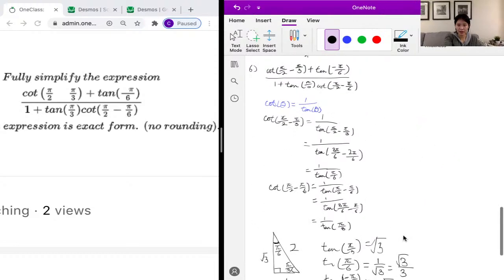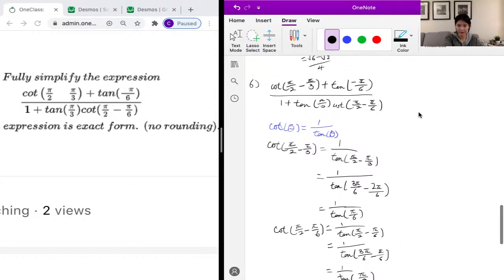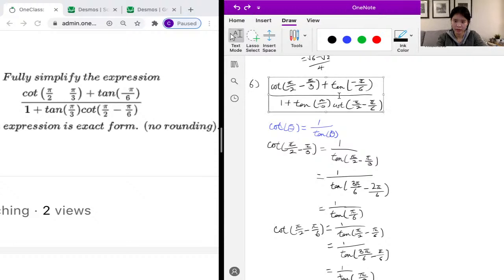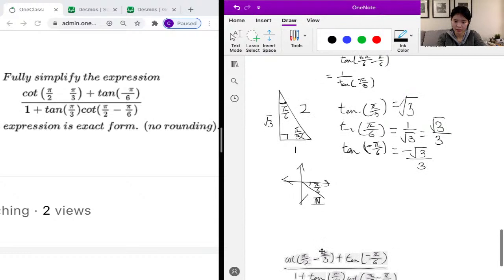So we just need to plug in the values into our expression right over here. Let me just copy down the expression below so that we can see it. So here is our expression.